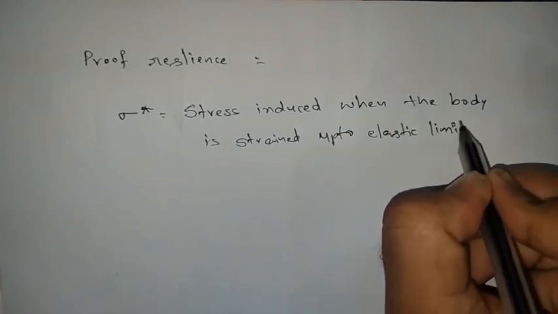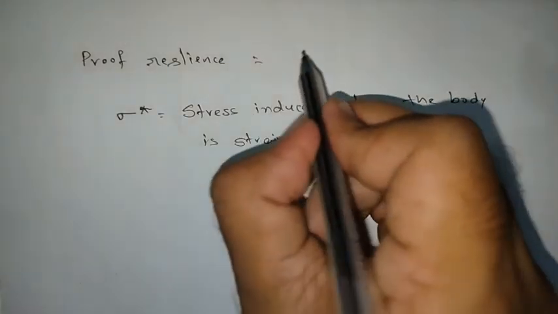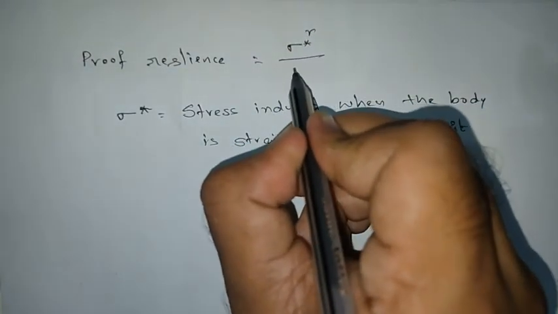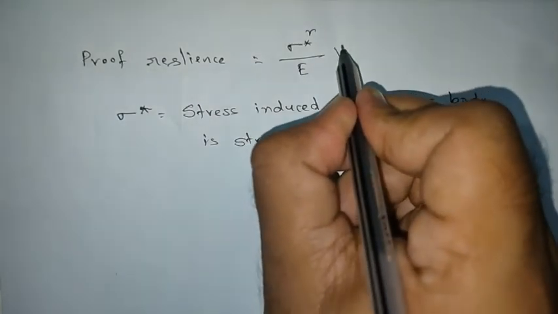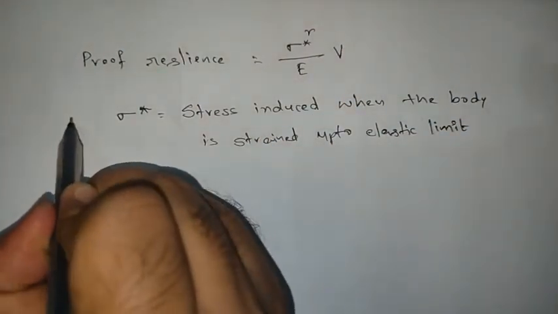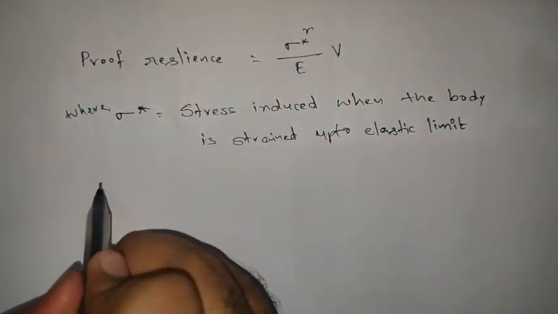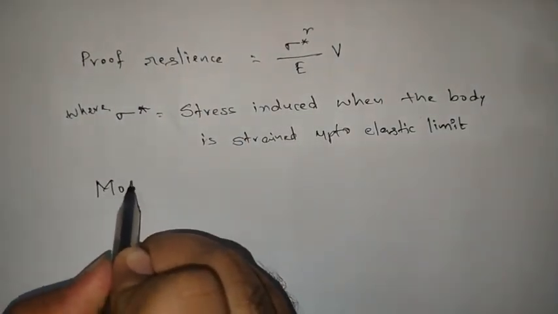Then the proof resilience will be equal to sigma star square by E into V. And next I require modulus of resilience.